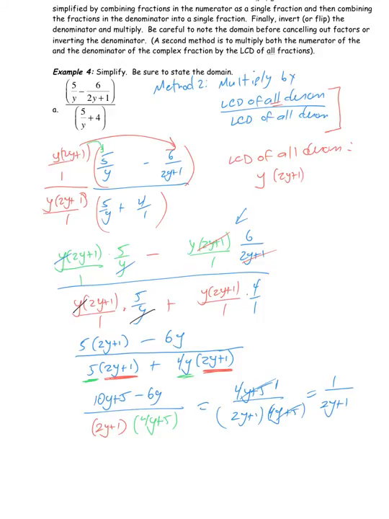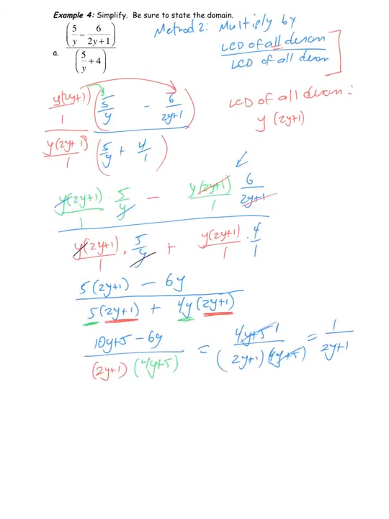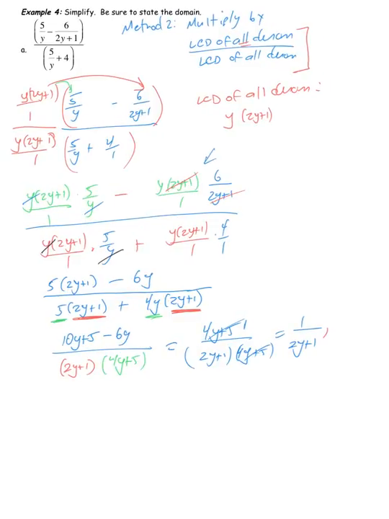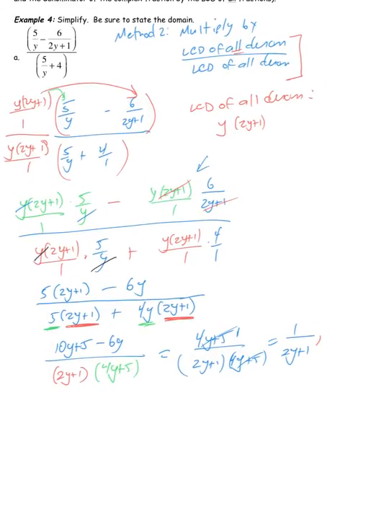And then we need to list values that were excluded from the original function, which we can no longer see because we canceled out factors. And when we simplify it, we're going to say 1 over 2y plus 1, where y is not equal to, and let's figure out what y is not equal to.